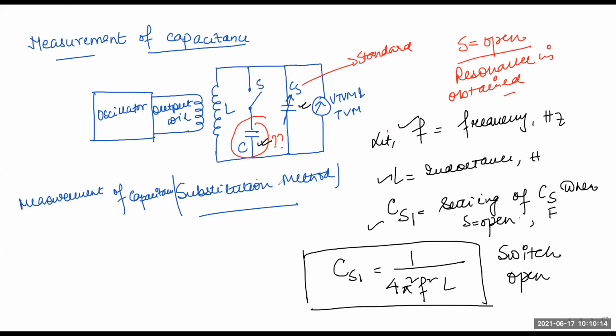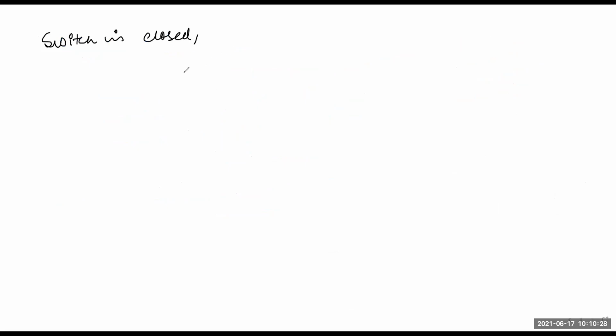Keeping the frequency F the same as before, the resonance condition is again obtained by varying the standard capacitor. Here CS2 is the setting of the standard capacitor when the switch is closed.